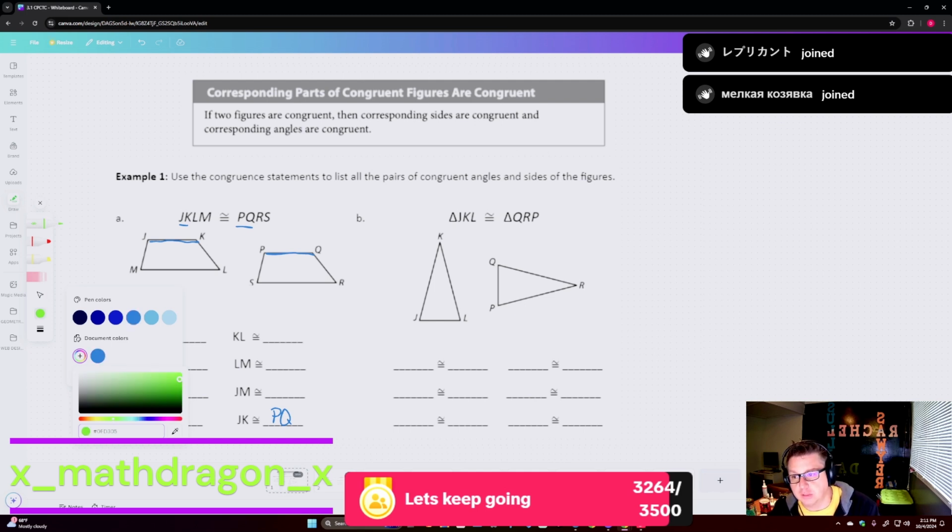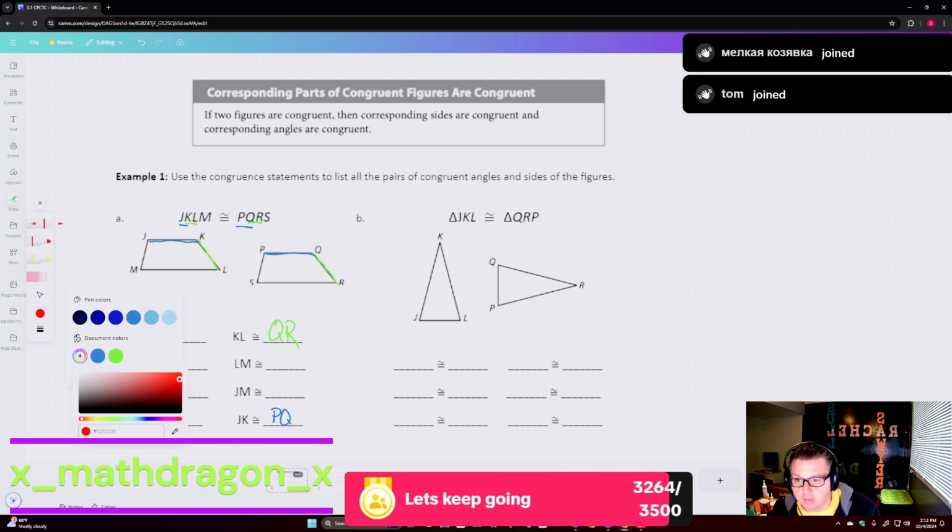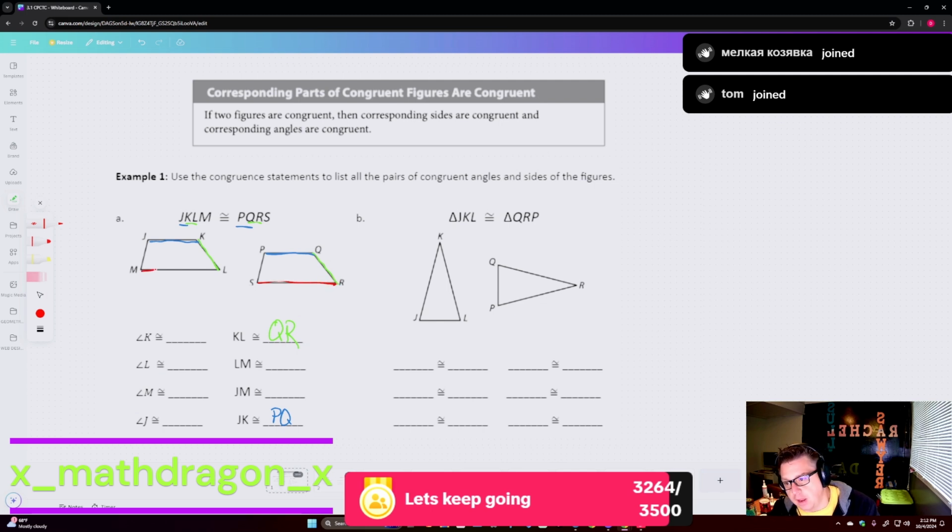So what's the next one? It says KL. KL is the second and third letter, so I better go to the second and third letter, QR. So that's QR. Okay. You could pick one instead and go from there. So we could say SR down at the bottom and ML. So I'm going to look, LM.